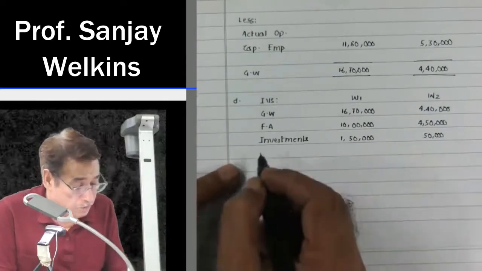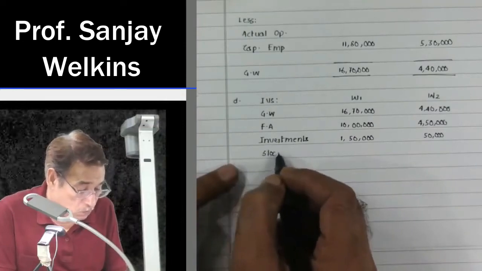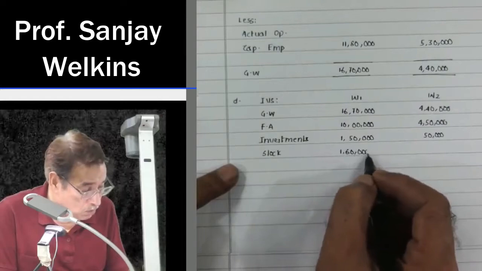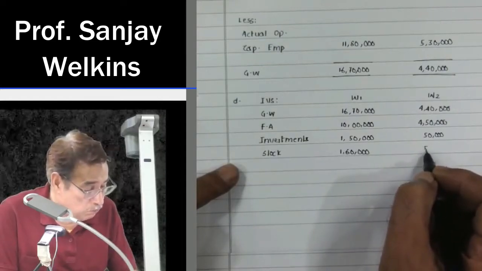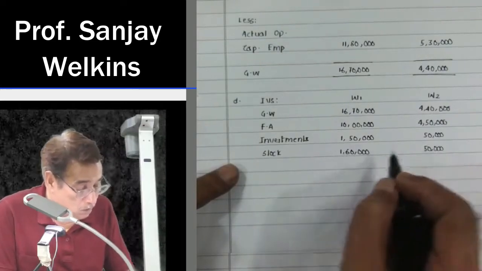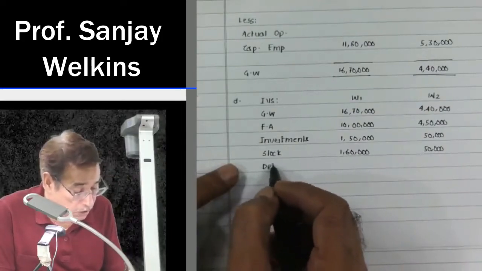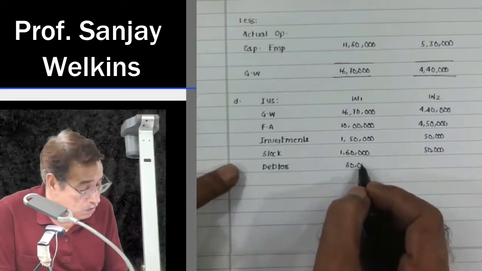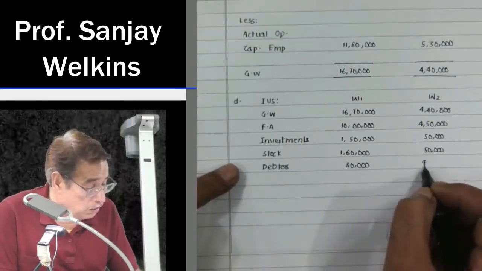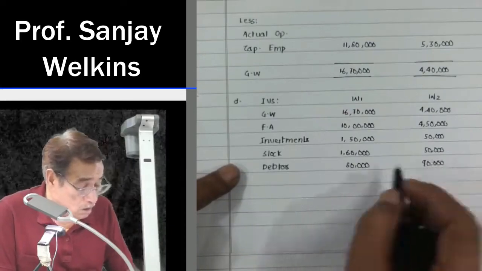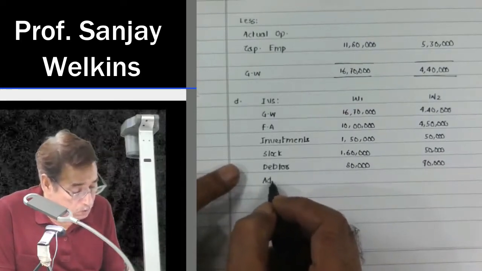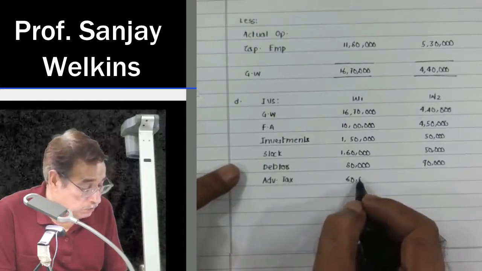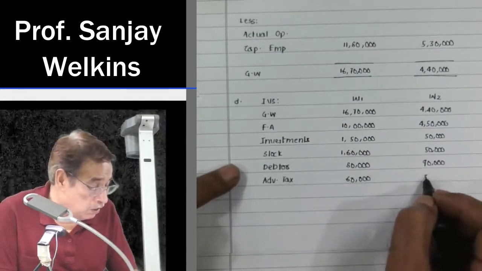50,000. Stock, 1,60,000. Stock, 50,000. Lots of assets are there. Debtors, 80,000 and 90,000. Advance tax, 60,000 and 30,000.